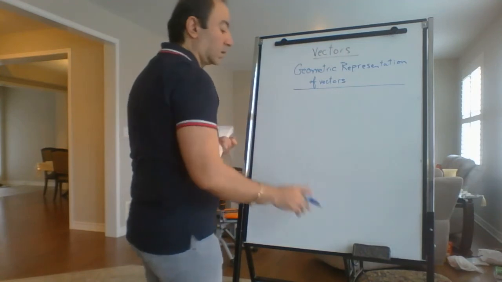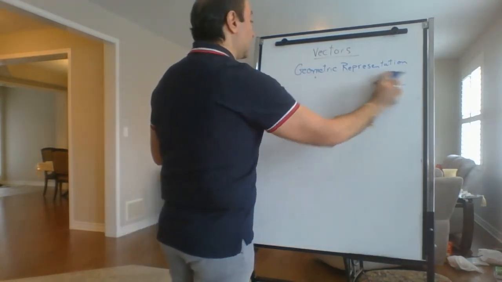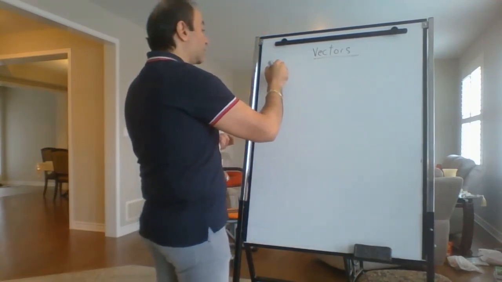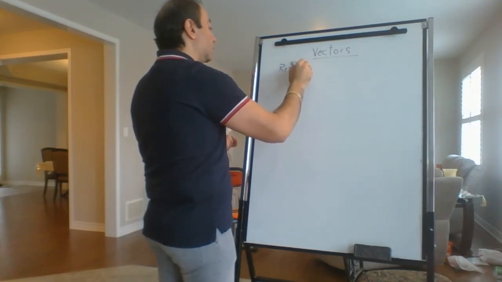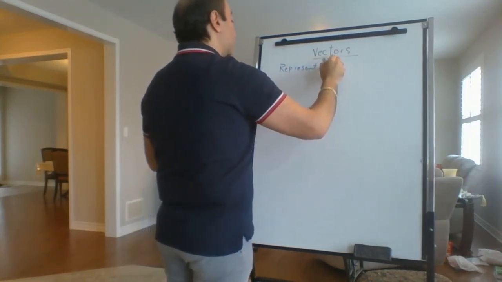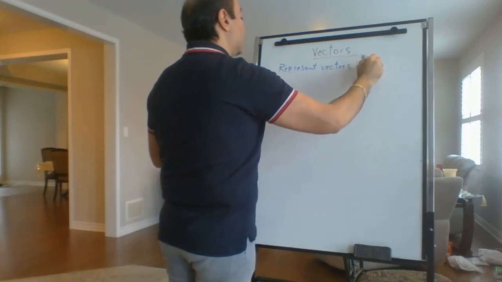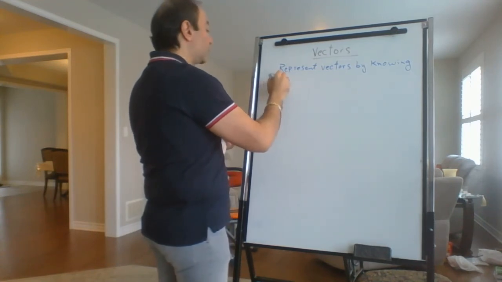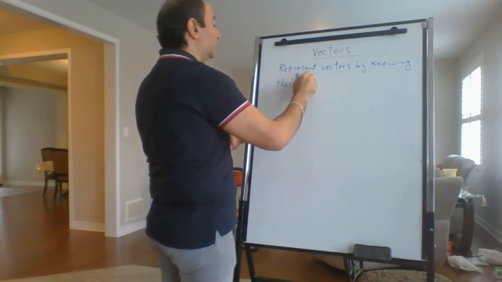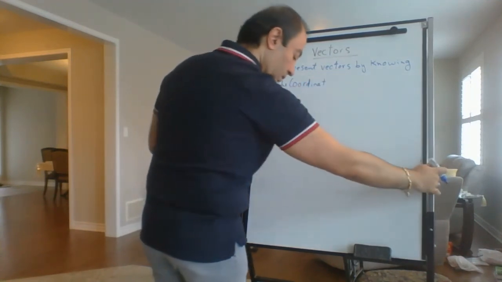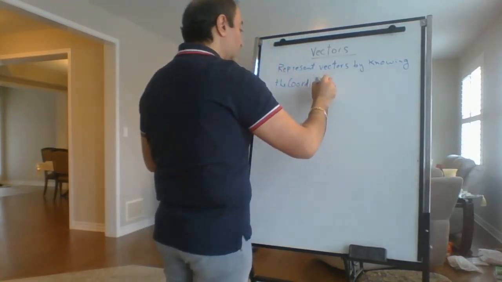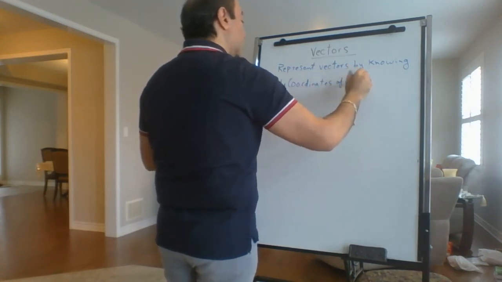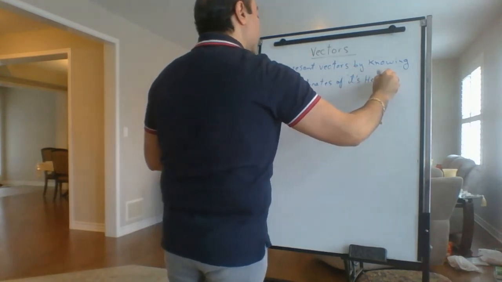Okay, the second thing, sometimes we represent vectors by knowing the coordinates of its head and tail.